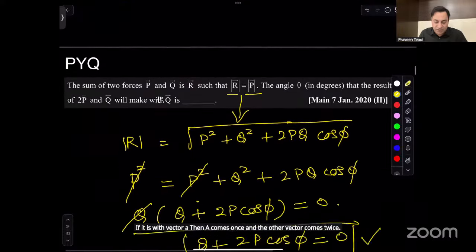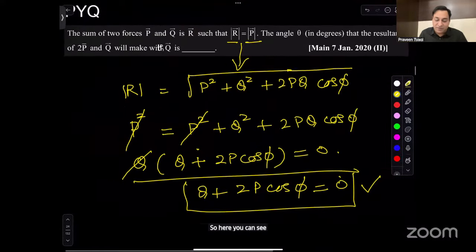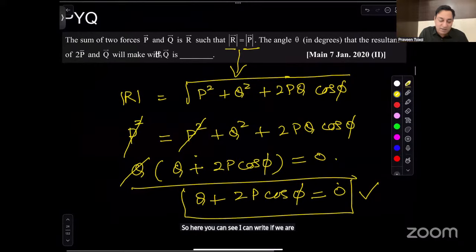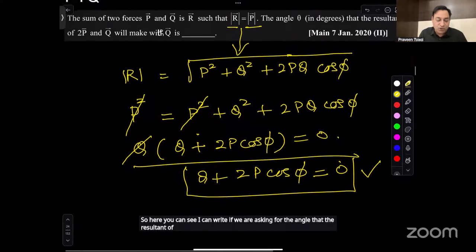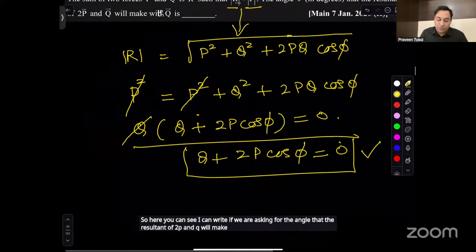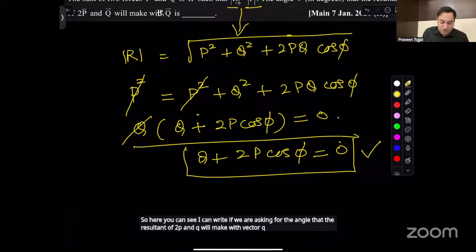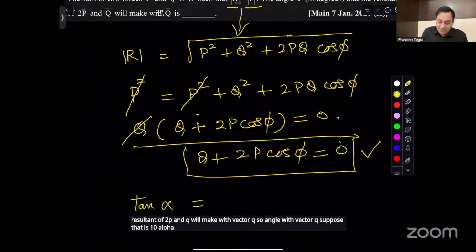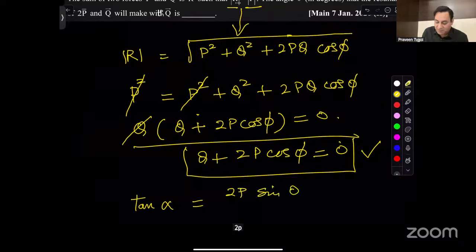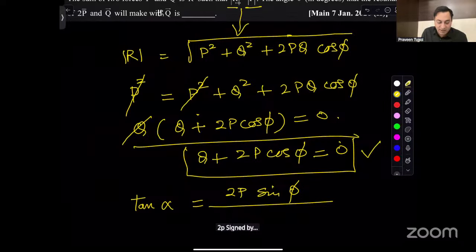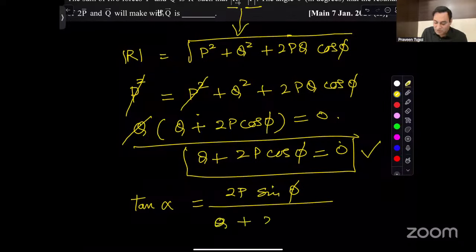So here you can see, if we are asking for the angle that the resultant of 2P and Q will make with vector Q, suppose that is alpha. Tan alpha will be 2P sin phi upon Q plus 2P cos phi.